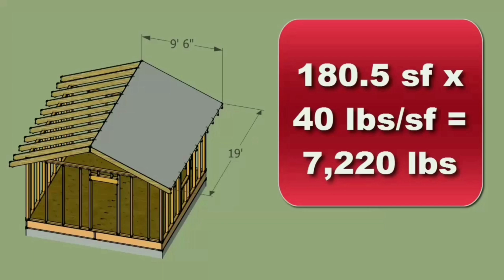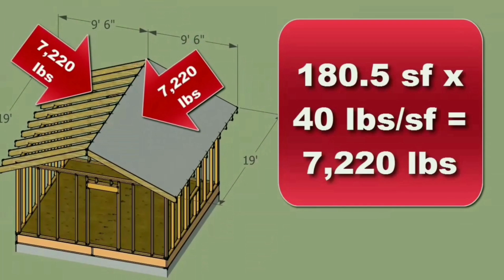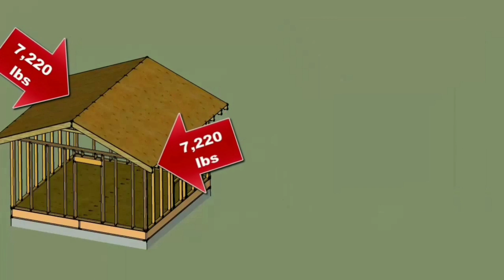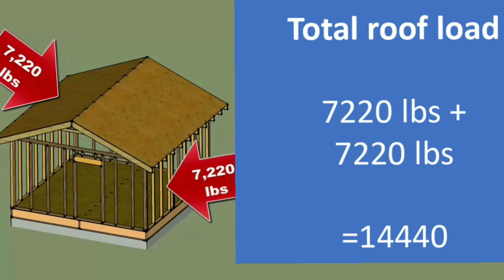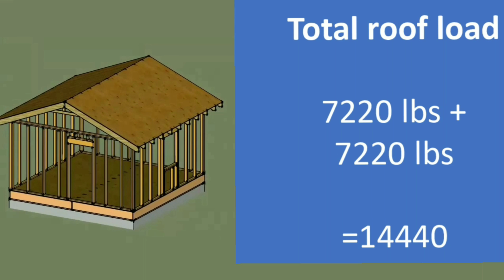Multiply the square feet by the uniform load for a total of 7,220 pounds. This is the load of half of the roof that rests on one exterior wall. The total roof load on the small house is 14,440 pounds. This is true for both a truss roof system and a rafter with a ridge board.